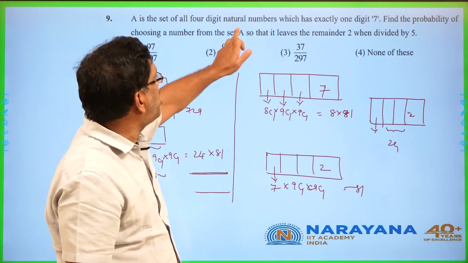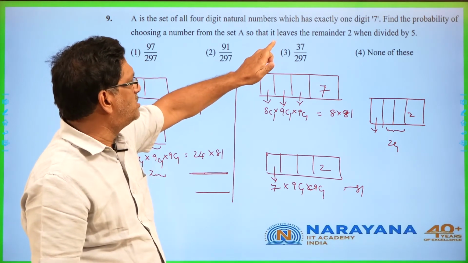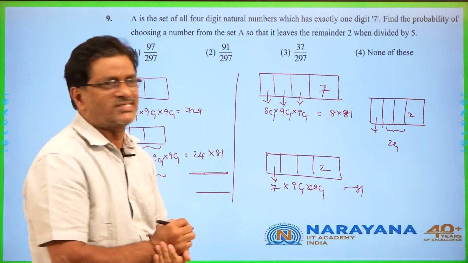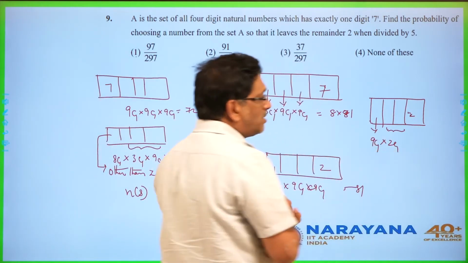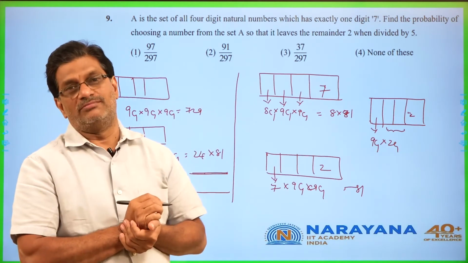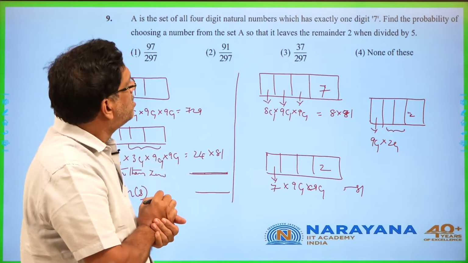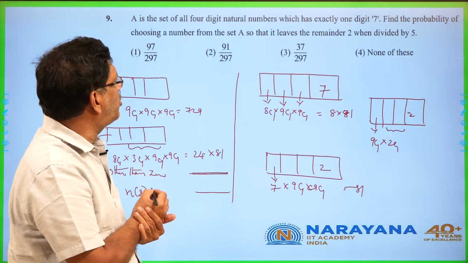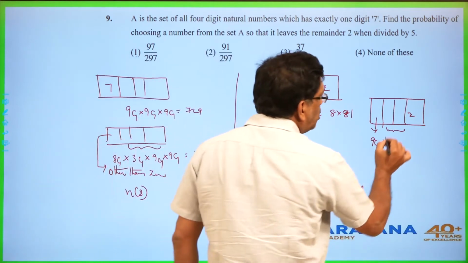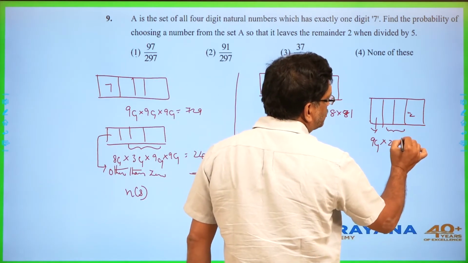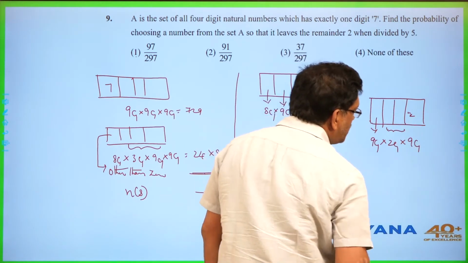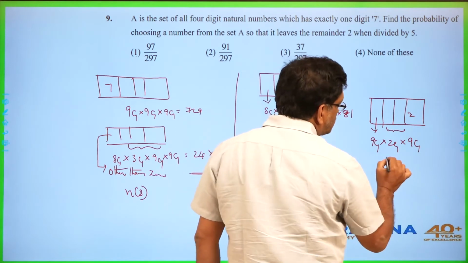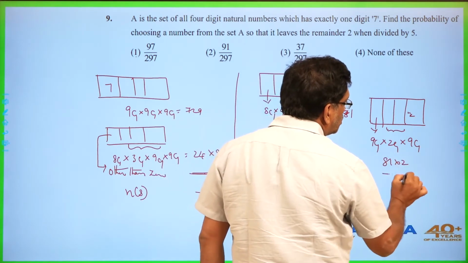A is a set of all 4-digit natural numbers. So here select 1 from the 9, because 2 may be again included, repetitions are allowed. And in the other place again 9C1. So it is 81 into 2.